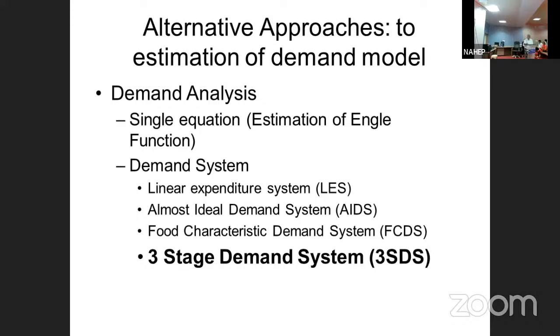What is the limitation of this Engel function? If you predict the consumption, let's say you have 10 commodities and you spend your 100 rupees on 10 commodities, you say consumption of the first commodity is a function of income, consumption of the second commodity is a function of income, and so on. Once you predict it, the sum of expenditures will not be 100. Very different.